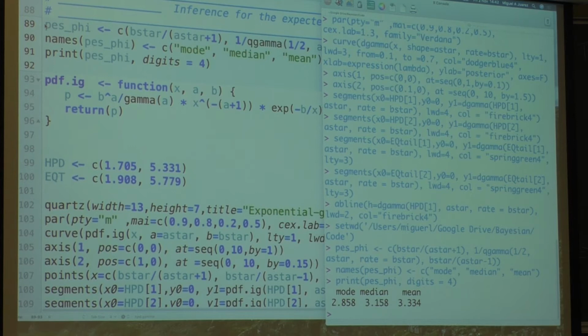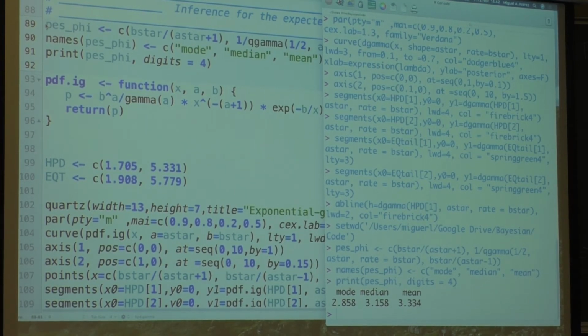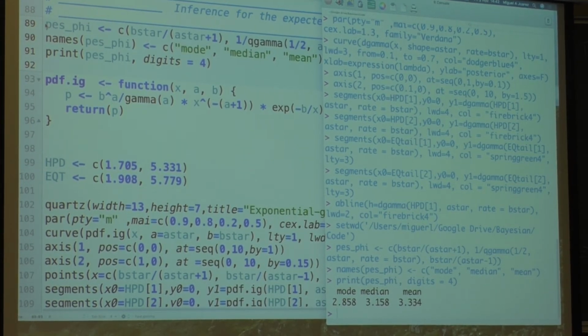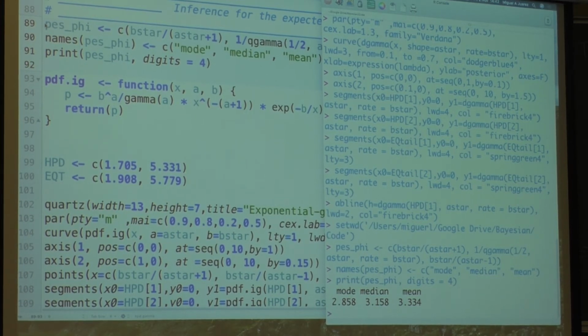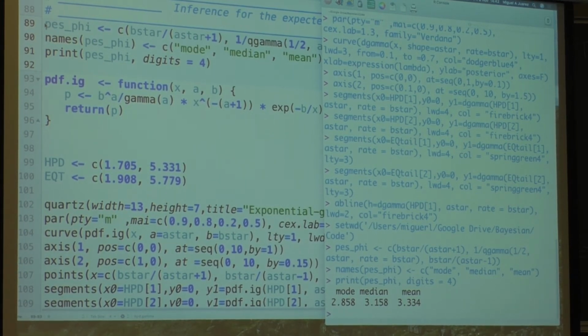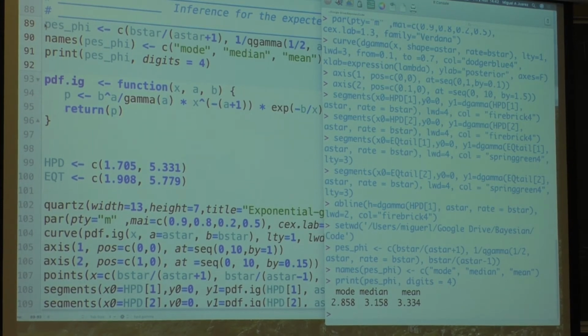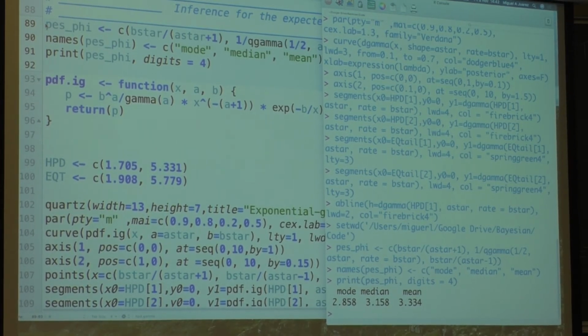Now remember, we're interested in 3 minutes. That's the magic number here. And now these numbers probably make more sense, at least to the decision maker, right? We're talking now about waiting times, or expected waiting times. And these are the 3 possible values that you can quote as point estimates.